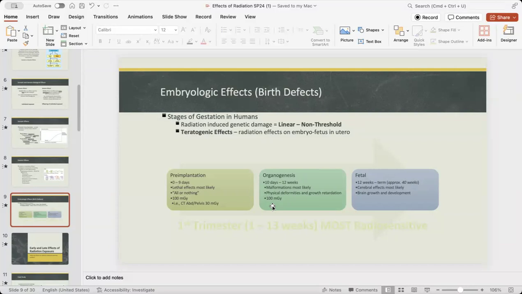And then once we get to approximately 12 weeks to 40 weeks, the fetus could have cerebral effects. So you can have some type of brain damage, affecting brain growth and brain development.